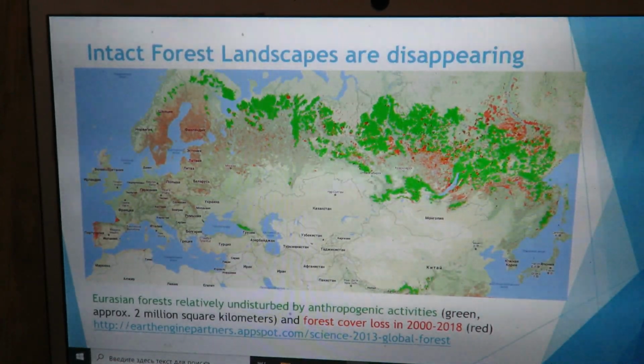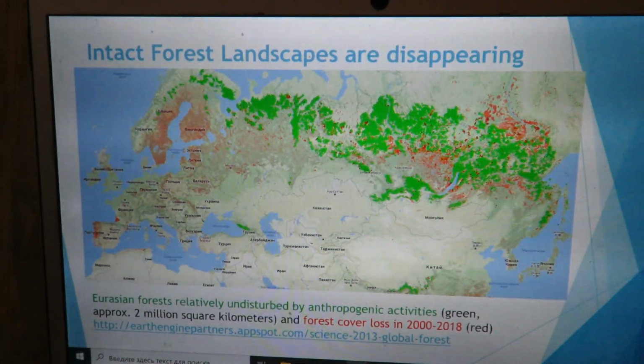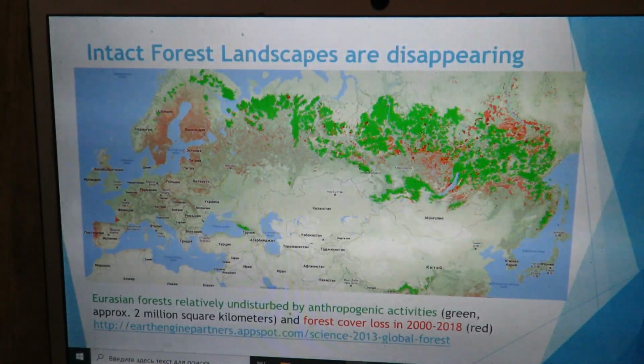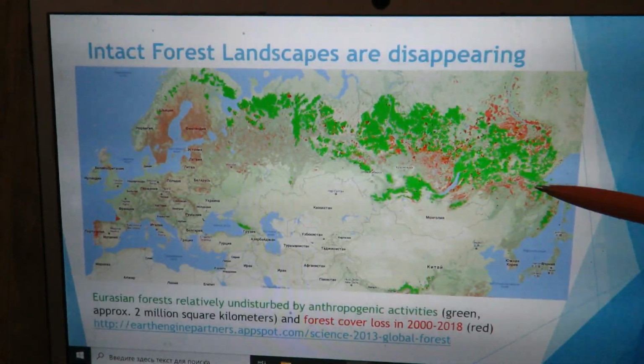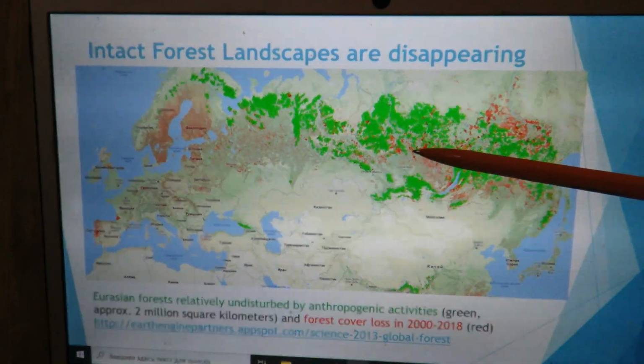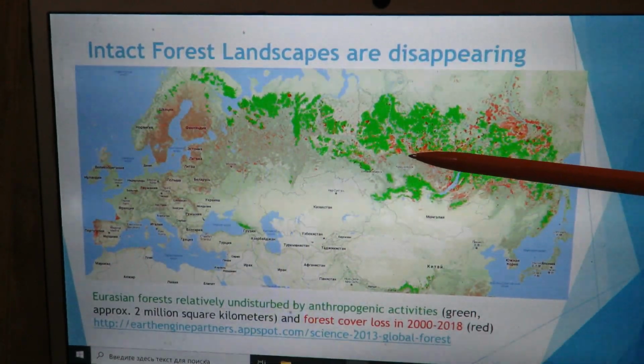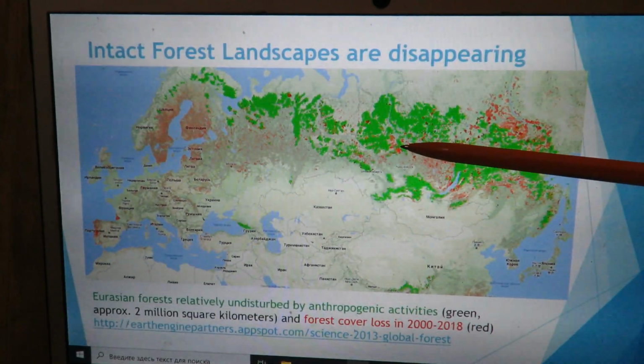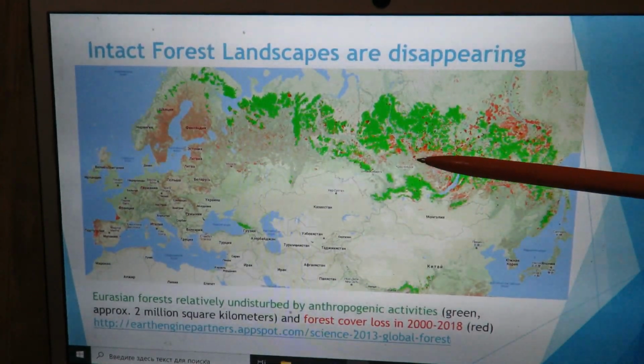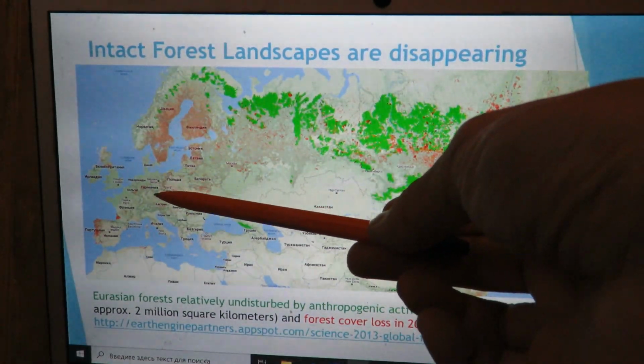As we can see, they are mostly concentrated within Russian borders, and the red color shows how much of them has been cut and destroyed, forest cover loss due to cutting and fire in the last 2 decades. So now we are here, the Zotto towers somewhere here, the border between cut and relatively intact territories, and this is Czech Republic.